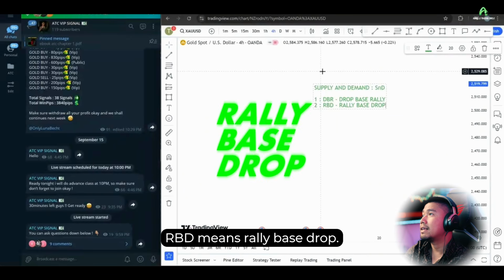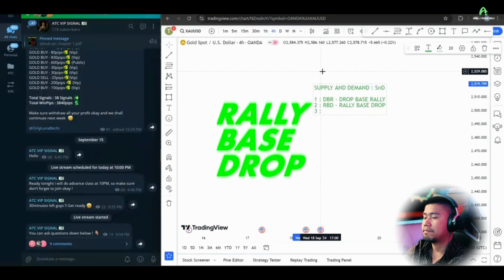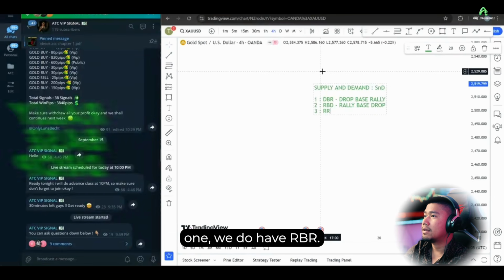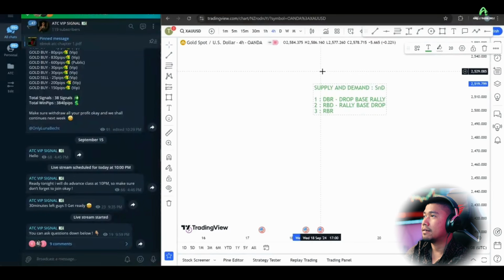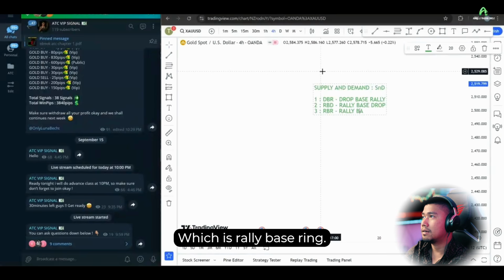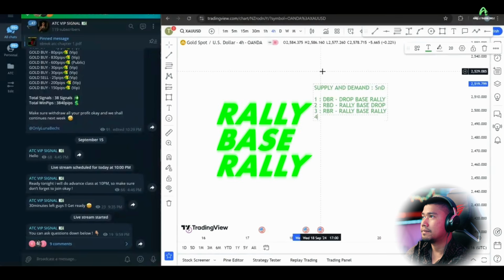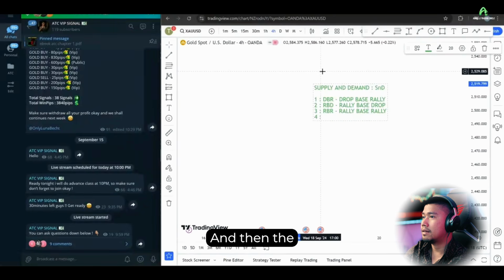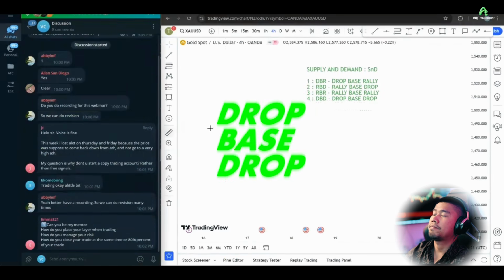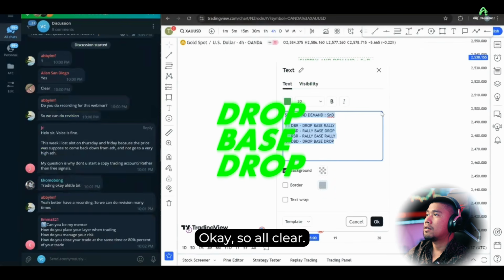RBD means rally base drop. The third one we have is RBR, which is rally base rally. And then the last one is DBD, which is drop base drop. Alright, so all clear.